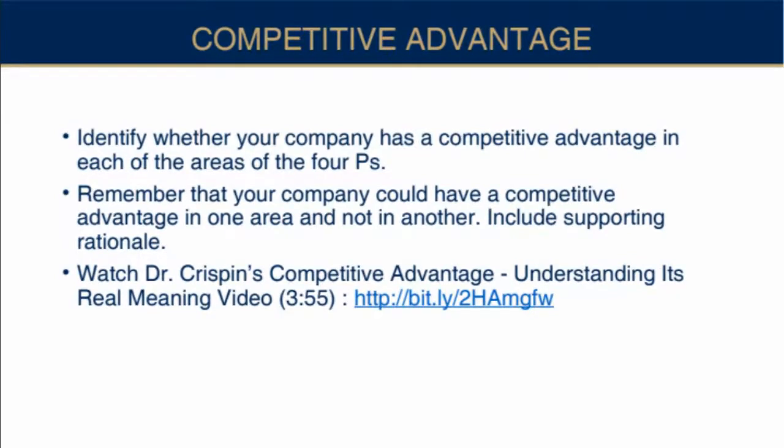Apple has a couple of competitive advantages, which makes it a real world leader. Competitive advantages are not guaranteed. They're very difficult to create, and they're equally challenging to maintain in the marketplace.